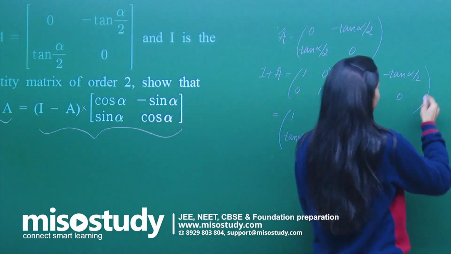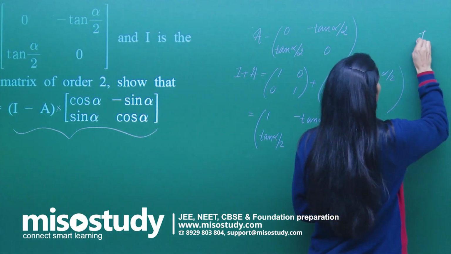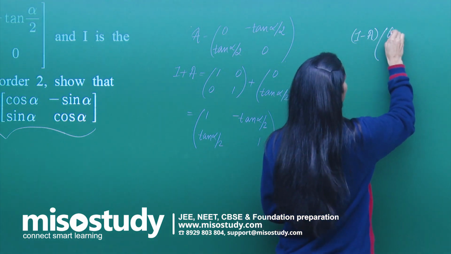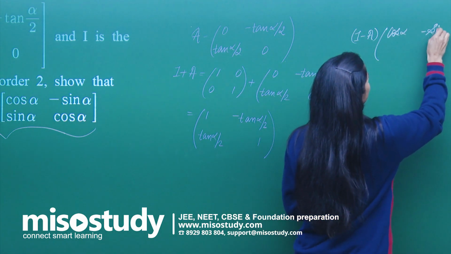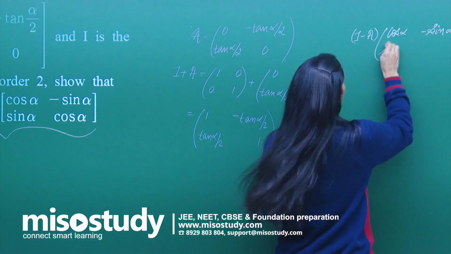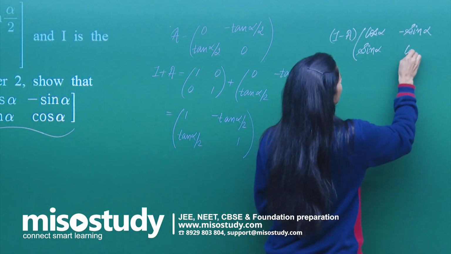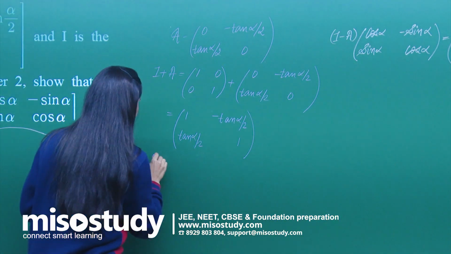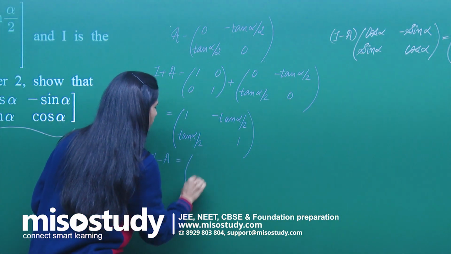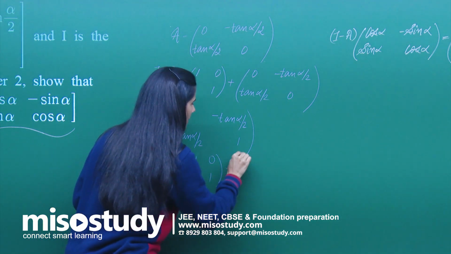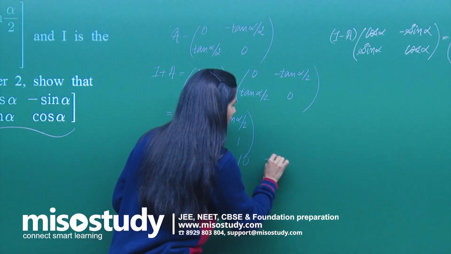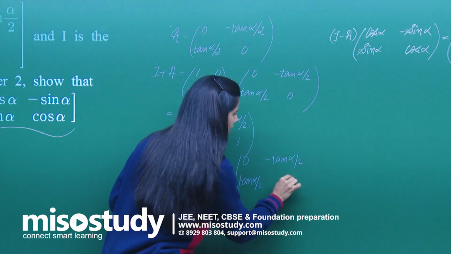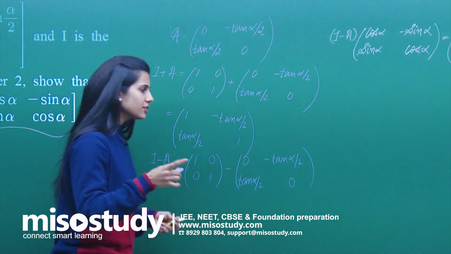Now consider I minus A multiplied by cos alpha, minus sin alpha, sin alpha, cos alpha. What is I minus A? Let's evaluate over here. I minus A would be 1 0 0 1 minus 0, minus tan alpha by 2, tan alpha by 2 and 0. Now I need to subtract and not add.